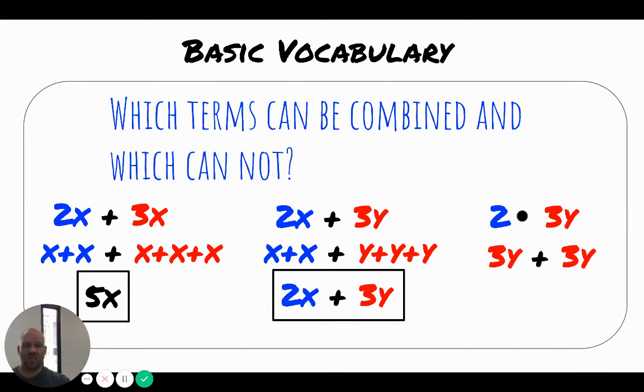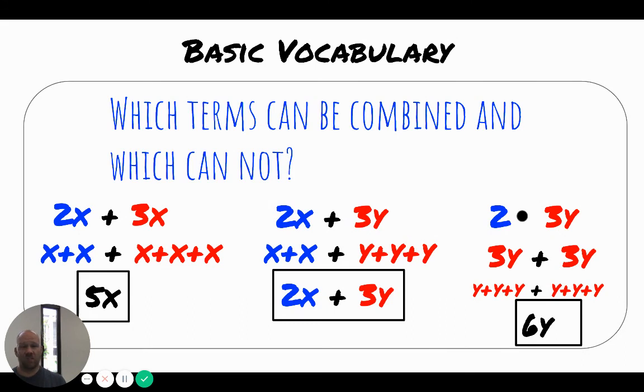If I wrote that in expanded form, I would have 3y's plus 3 more y's, which gives me 6y's. So 2 times 3y can be simplified. I can combine those two things even though they aren't like terms, because when you're multiplying, you're grouping, as opposed to adding and subtracting.